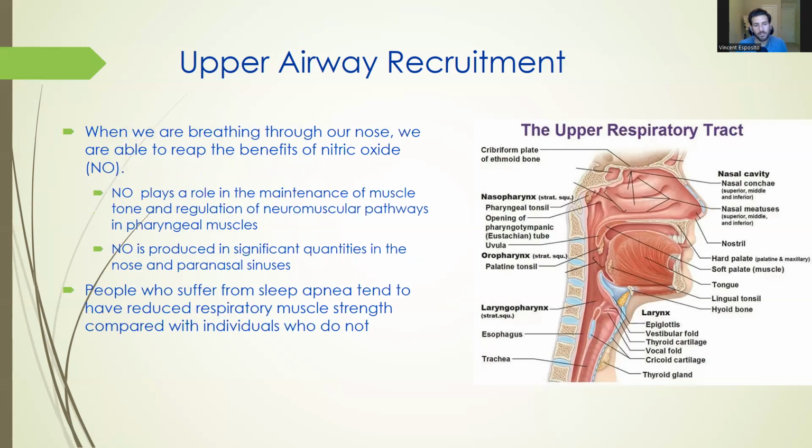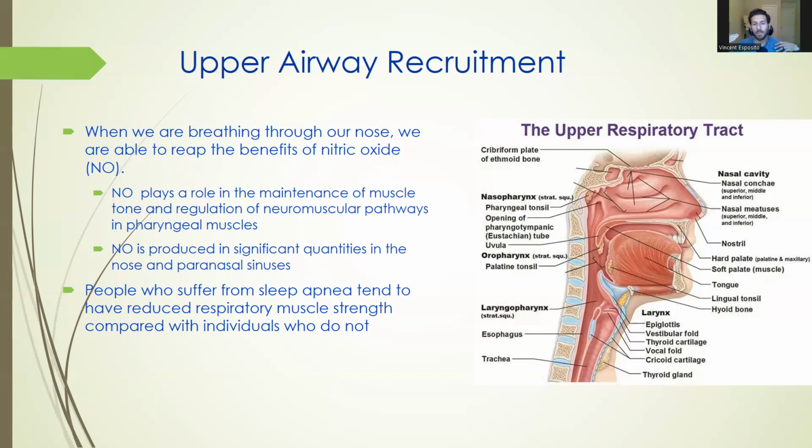So this is where, again, nitric oxide comes back into the picture. Now, if you remember, nitric oxide is a vasodilator. It allows muscles to relax. It also allows airways and blood vessels to dilate. So when you're nasally breathing, you're inhaling, some of that nitric oxide gets into the airway.